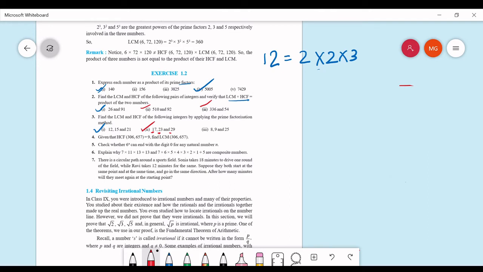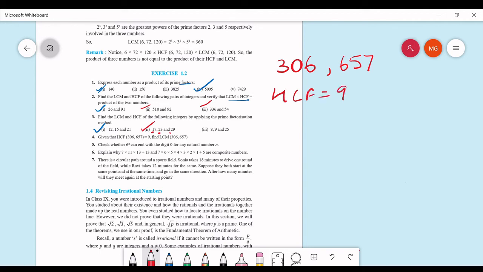So you are having 306 and you are having 657, right? So these two are the numbers, and your HCF is 9, right?